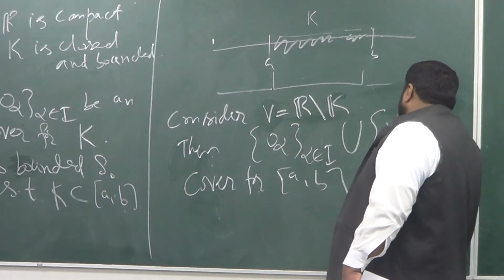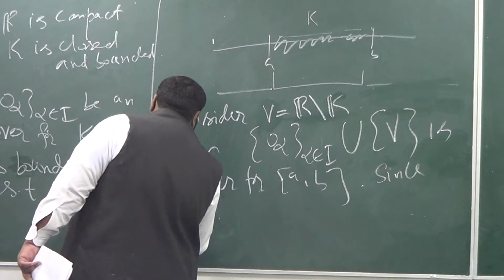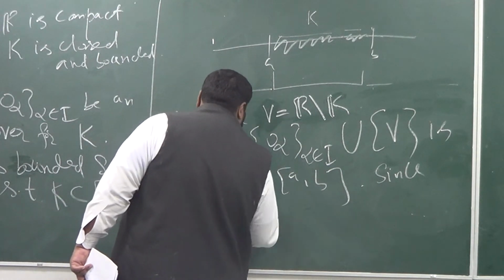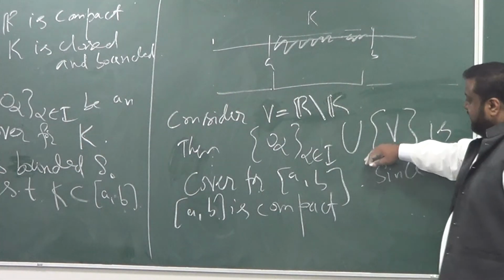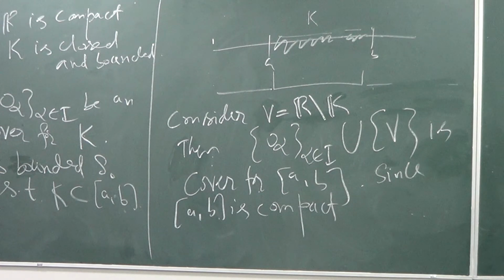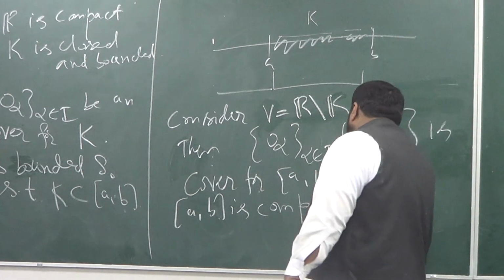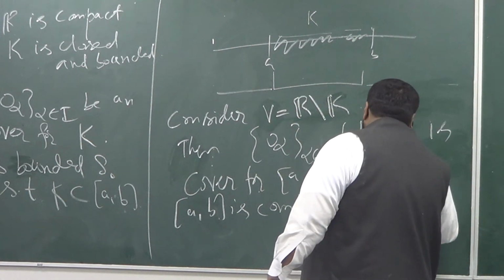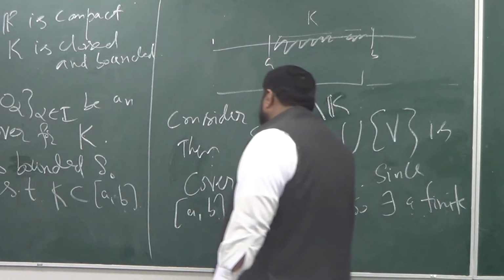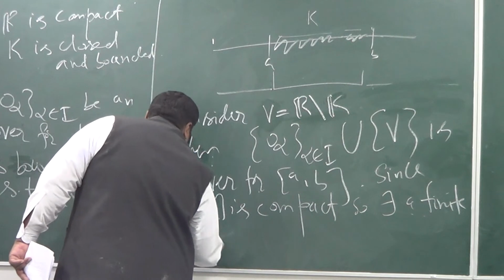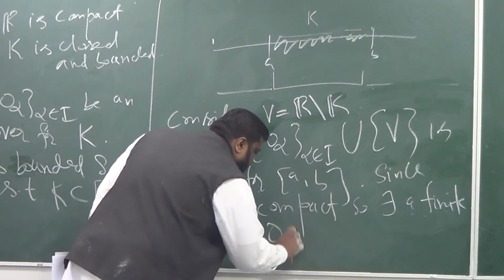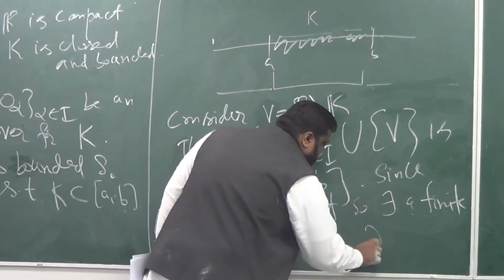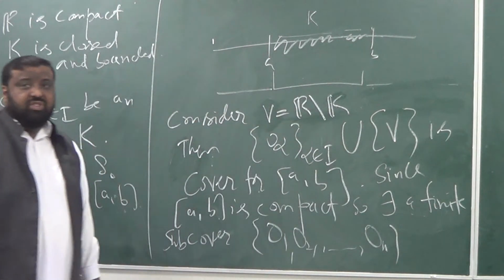Now, since A to B is compact, for this cover of A to B, I can find a finite subcover. So there exists a finite subcover. What would that finite subcover be? O1, O2, and so on up to ON, something like that.